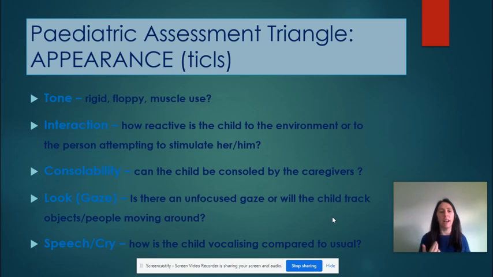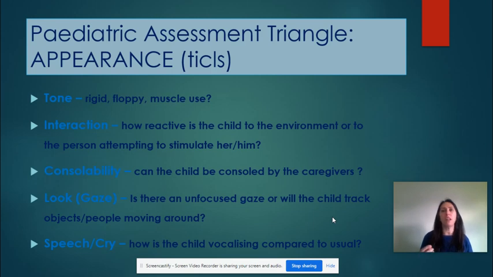Right, TICLS, I is interaction. So what you're doing here is assessing how interactive the child is. If they're not talking to you, no problem. Get the caregiver to talk to them. Are they interacting with the caregiver? Get Teddy to talk to them. All that kind of stuff. Do your glove balloon. Get the glove balloon to talk to them.